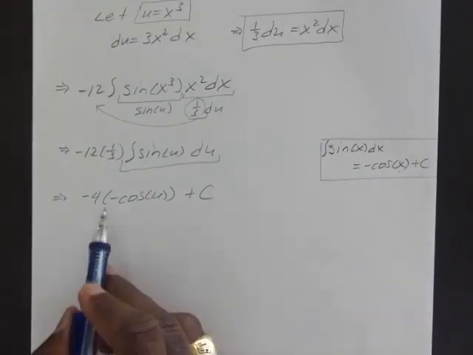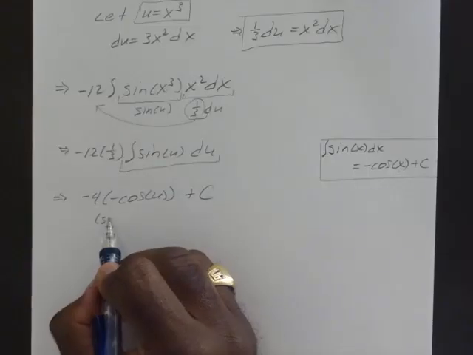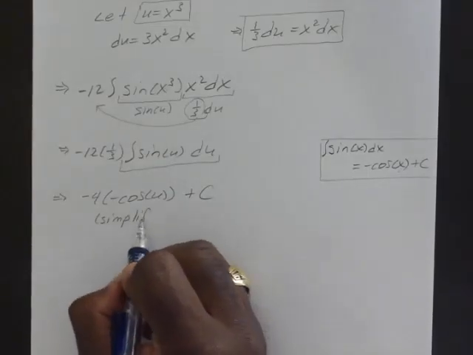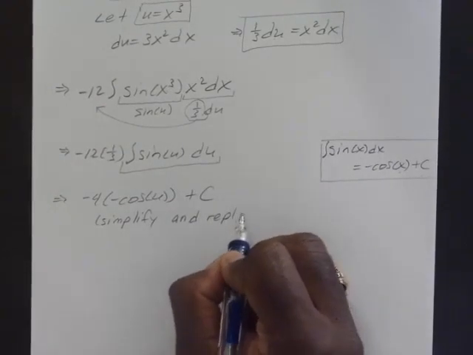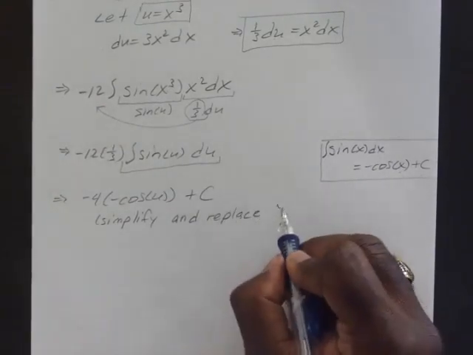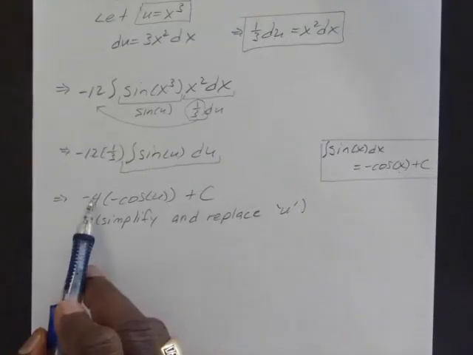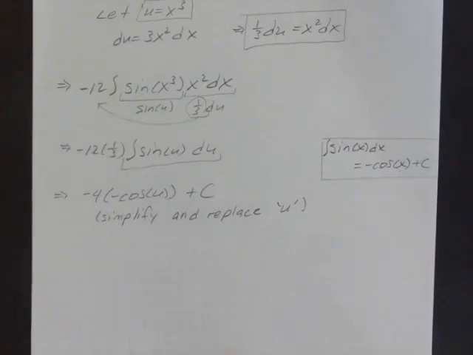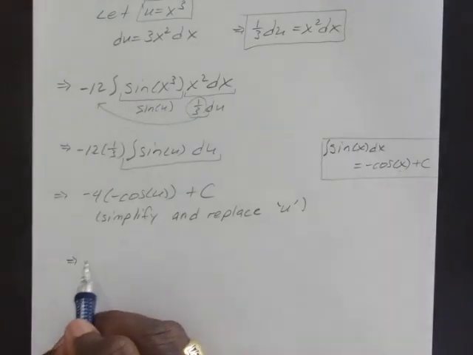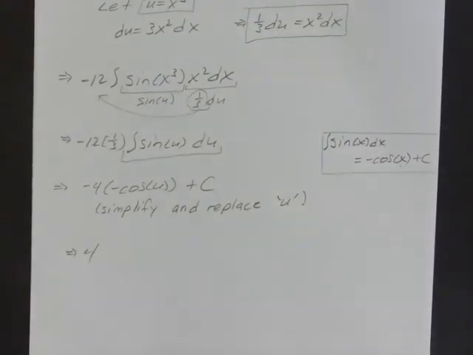Okay, so now for this one, we just have to simplify and replace u. And by simplify, we just have to notice that -4 times negative cosine, negative times negative is positive. So that just becomes +4.